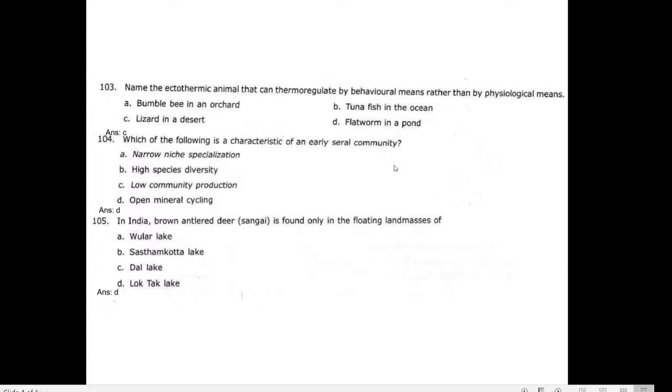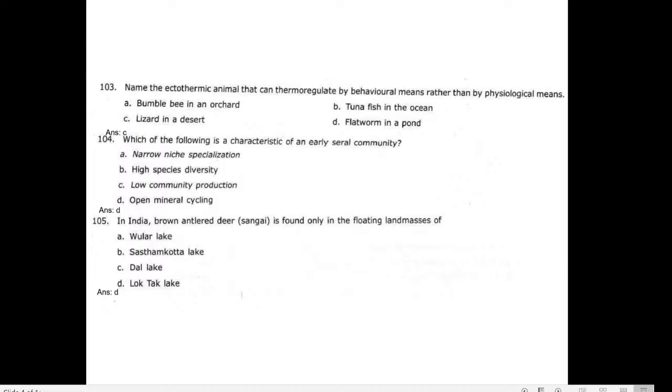It's found only on the floating landmass of the Loktak Lake. Why are things like this? I will send one PDF which carries some of the specific animals that are present only in one particular place. We can't see that animal anywhere else.